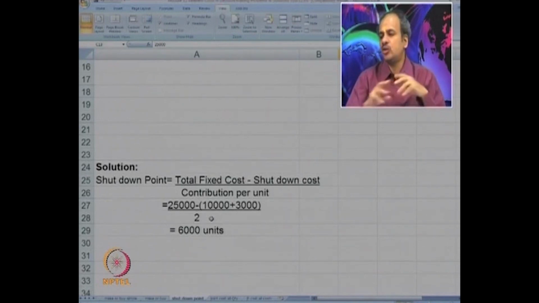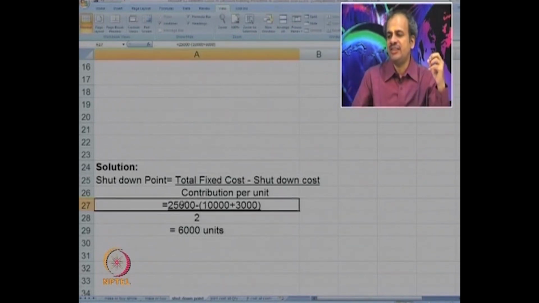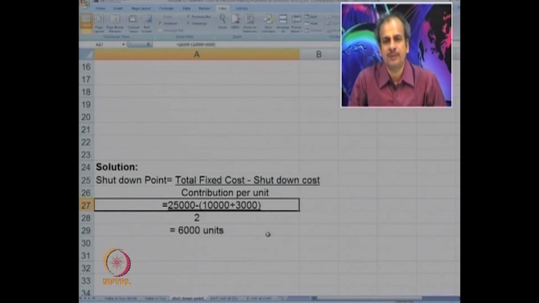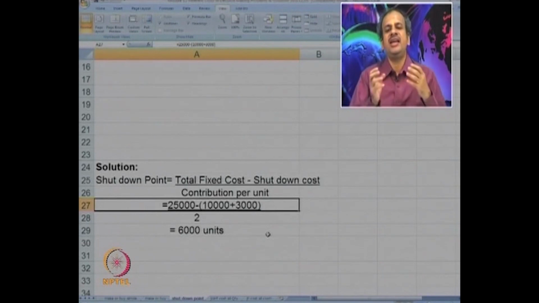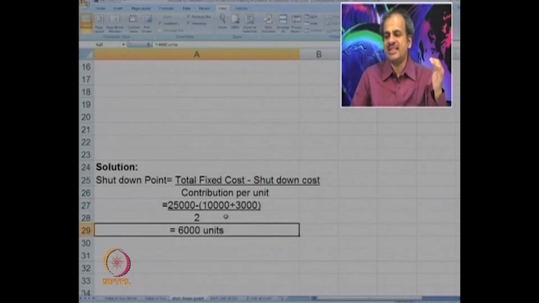You know that the total fixed cost currently is 25. It will reduce to 3. Right? But extra fixed cost of 10 is incurred. So essentially we are reducing 7,000 from it. So 25 minus 10 plus 3, that is 25 minus 13.